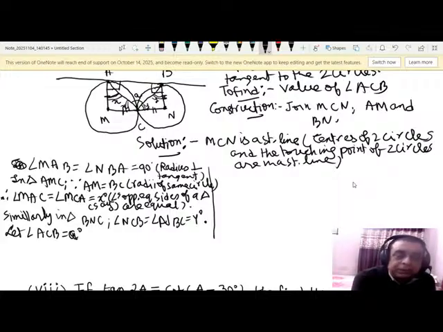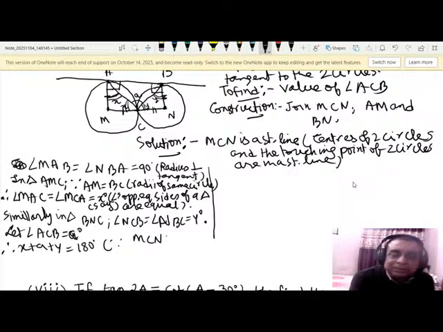Now, therefore, x plus A plus y together is 180 degrees. Why? Because MCN is a straight line.